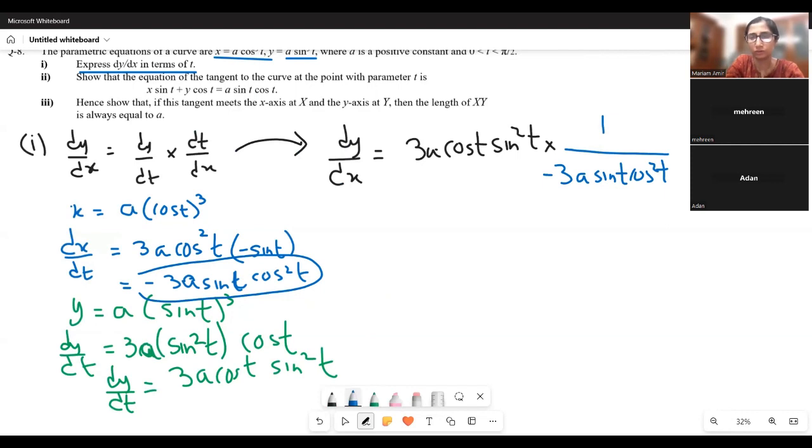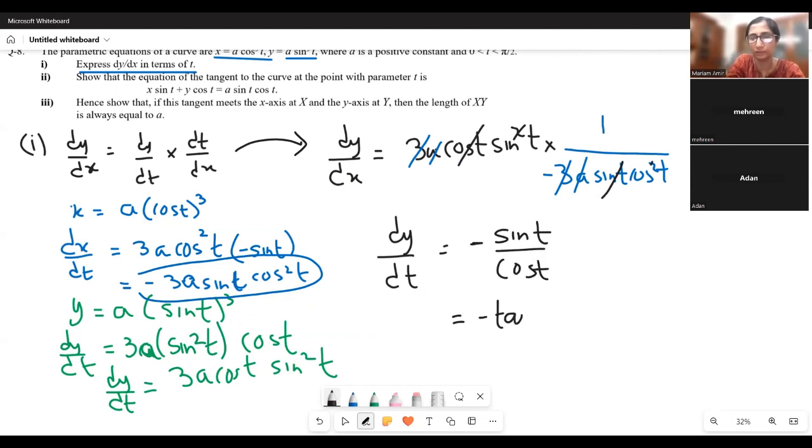Okay, so 3 and 3 cancel, a and a cancel. Cos t and cos square t cancel. So we have minus sine t over cos t, which means we have minus tan t as dy over dx.